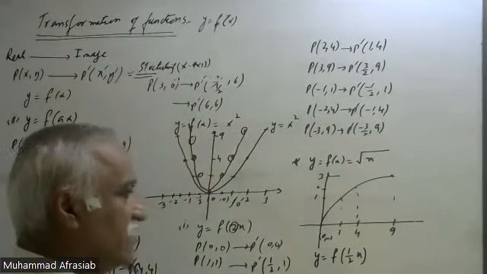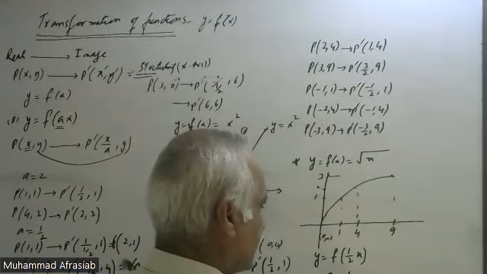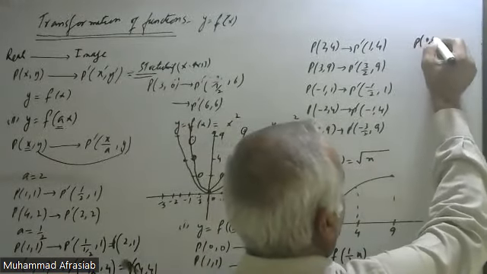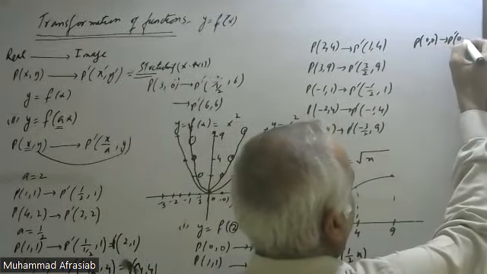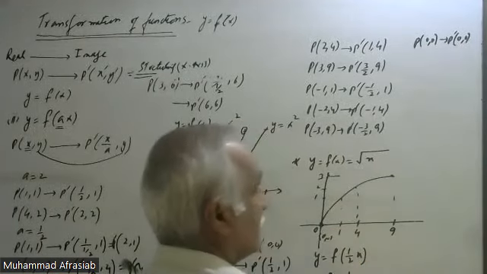Now you have seen that a is equal to half here. So our point P, if it is 0, 0, then the point P dash will become 0, 0. So that point is retaining its position here.